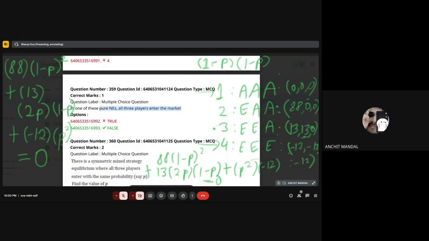Just 1 second. In the formula that you wrote, minus 12 should be P cube or P squared? P squared, right? Because what we're already considering in here is that 1 has already entered. The minus 12 comes when the other two enter, and previously, the 2P into 1 minus P is 2 entering and 1 staying away, not plus, into.